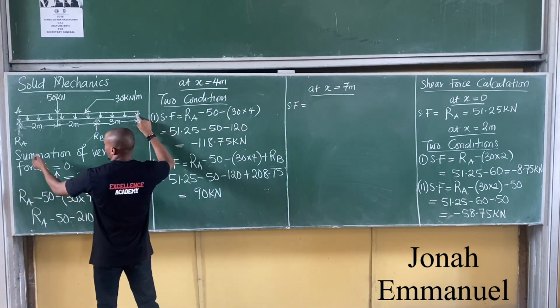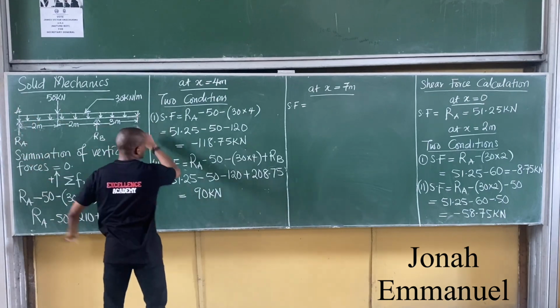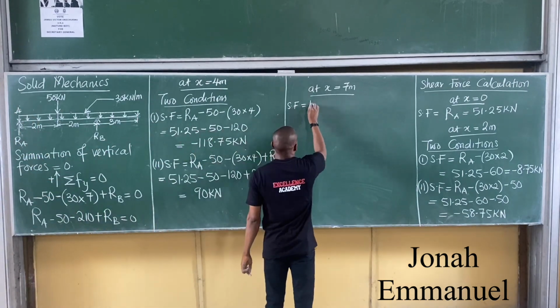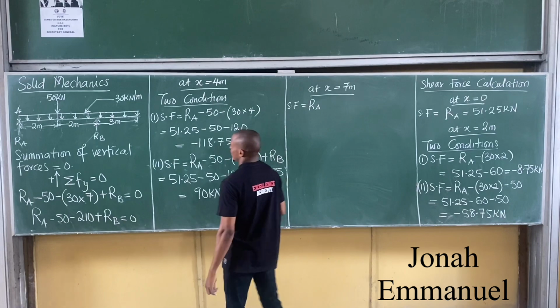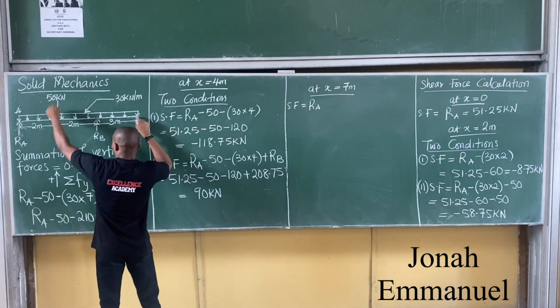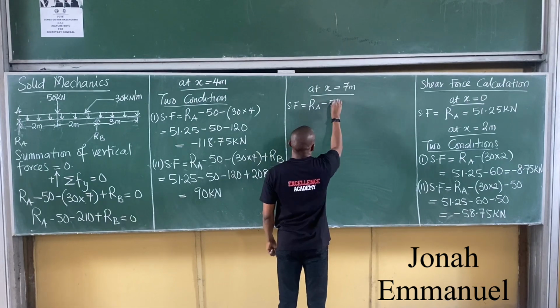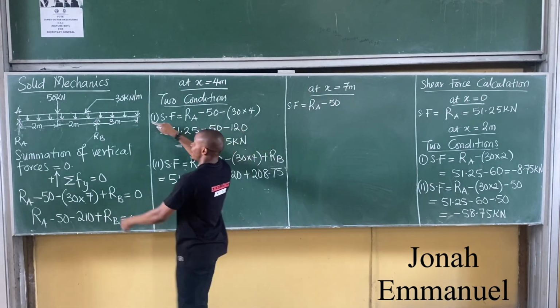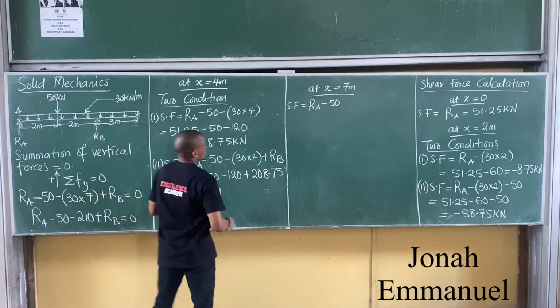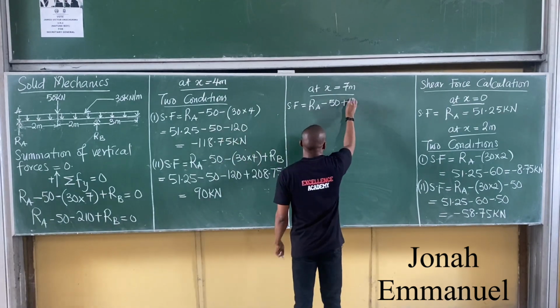So what do I have there now? I have RA going upwards, so RA is positive. I have 50 coming downwards, that means negative 50. I have RB going upwards, becomes positive RB.